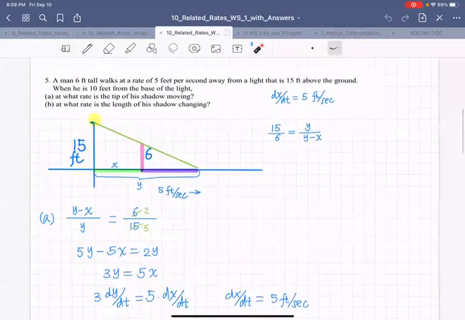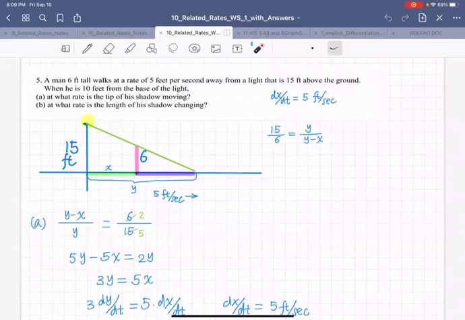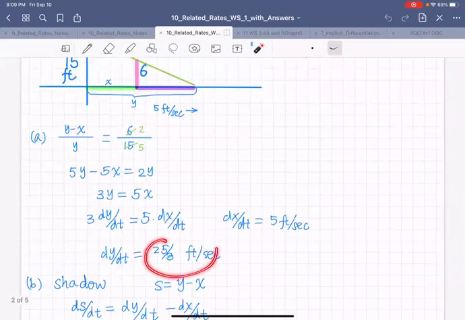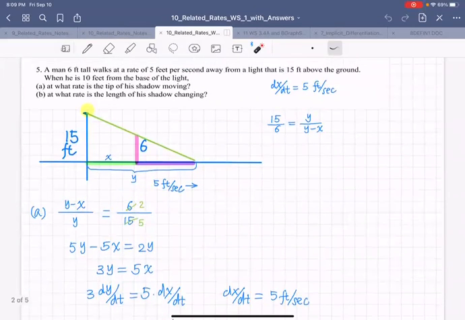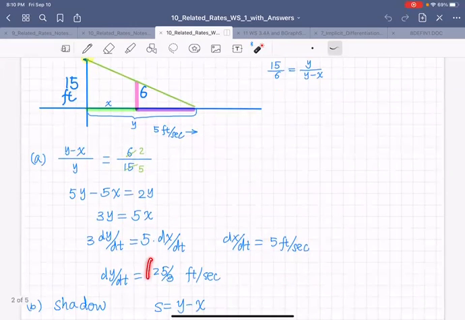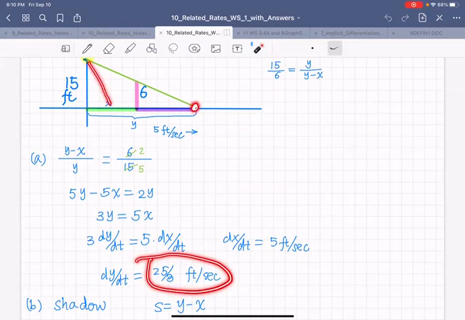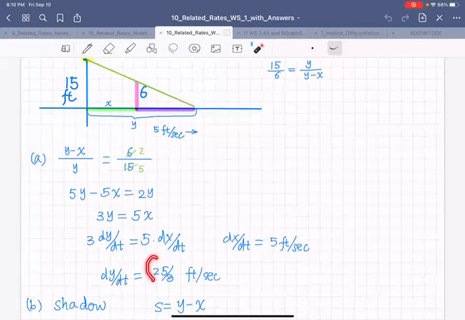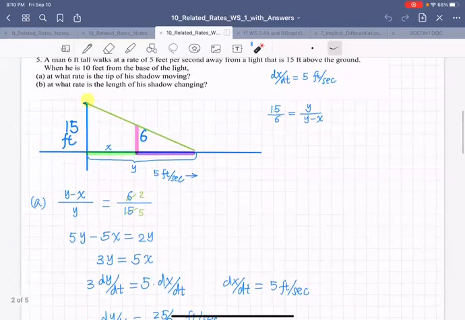If I change the question, if I say, hey, I walk outside at night and observe that the tip of my shadow is moving at a rate of this, then how much is my rate of walking?